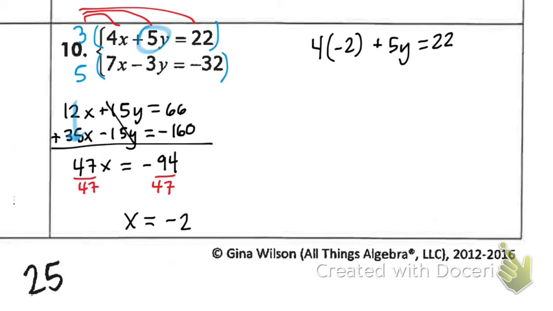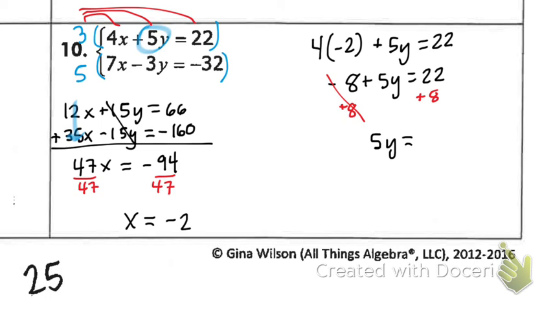What's 4 times negative 2? Negative 8 plus 5y equals 22. What do we need to move to solve this? Add the 8, good. 22 plus 8. How much?